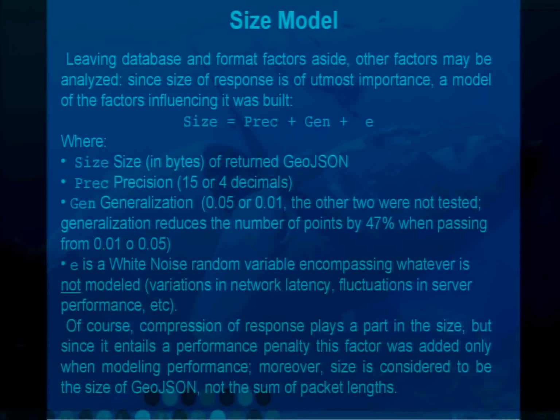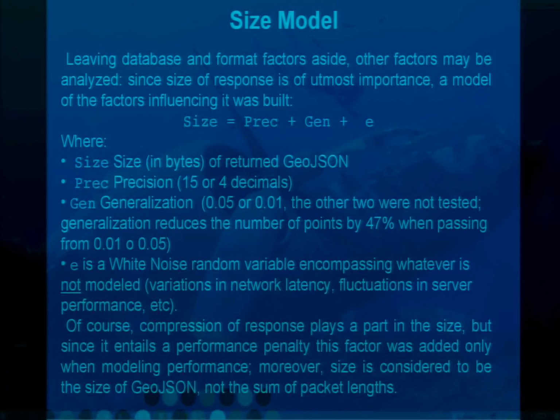Now, the size model. This is the way statisticians model the world. So I presume that size was influenced by precision. Precision means the number of digits after the decimal point.